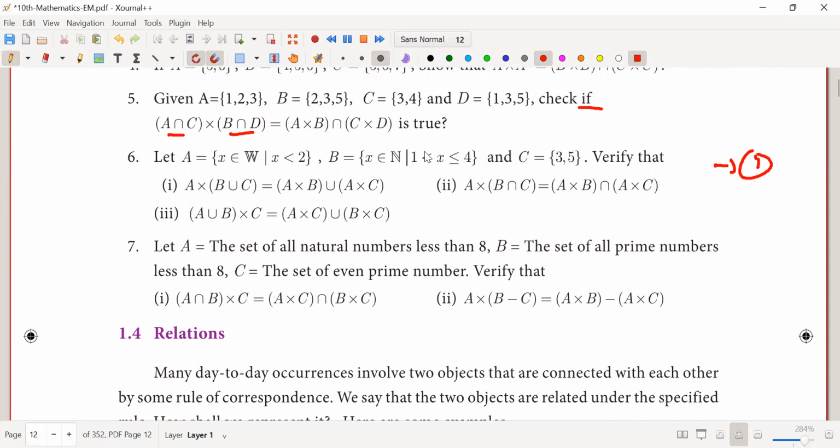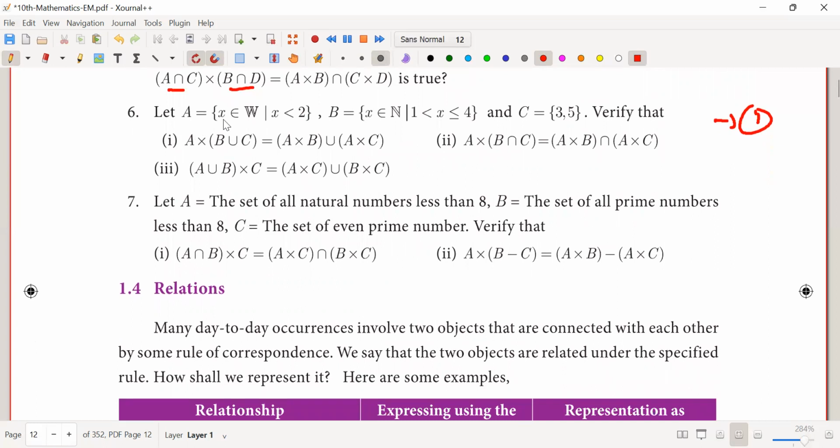Check whether it's true or not. If it's not equal, one by one we have to check 1 and 2. If the first term itself is not equal, you don't have to check the other term. No, this is not true. If 1 is equal, already we got this. Okay, go for the second one, go for the third one. If all the terms of both the sets are equal, then we can say that this is true, or else it's not true.